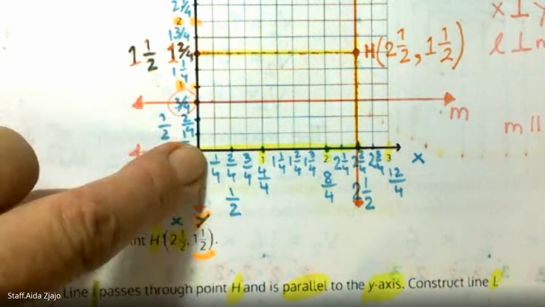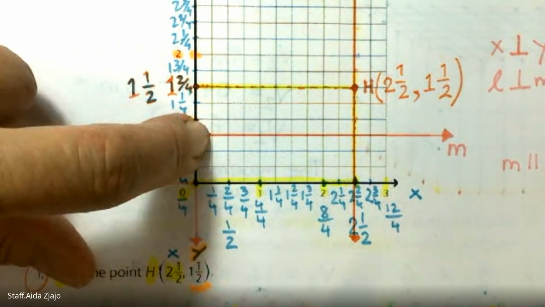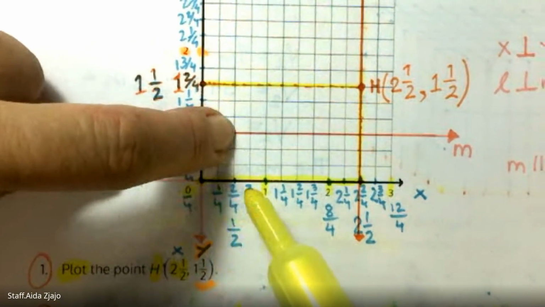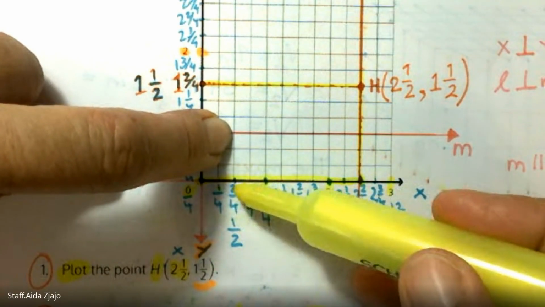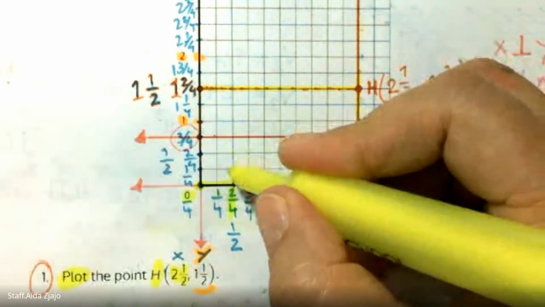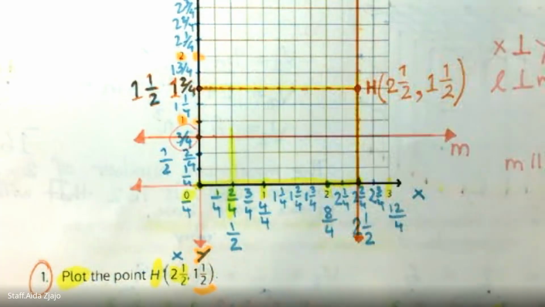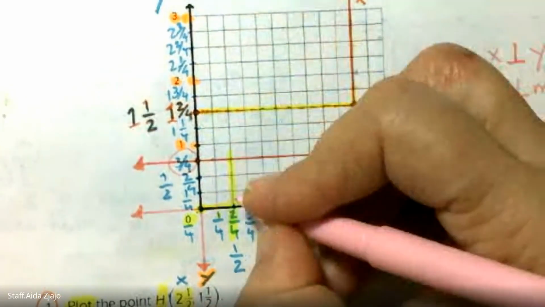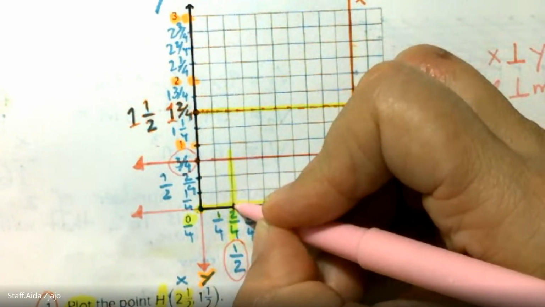This is the y-axis, and if you go here, this is 1/4 away. If you go one more, that's 2/4 away, and 2/4 is the same as 1/2. So I found where the point needs to be. This is 1/2, and the point is right there.